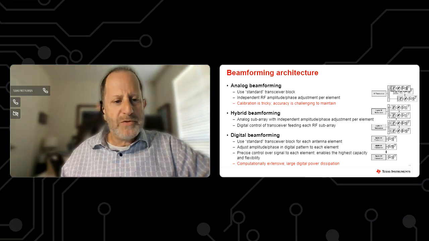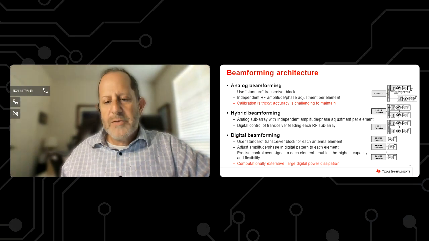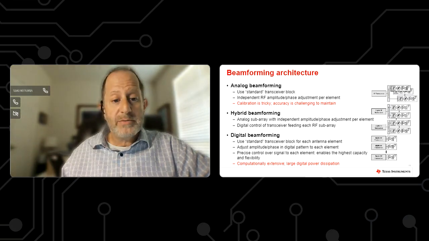And then we'll shift to the holy grail of these types of systems, which is a full digital beamforming application. In this case, every antenna element will have its own digital RF transceiver associated with it. So this is very powerful.